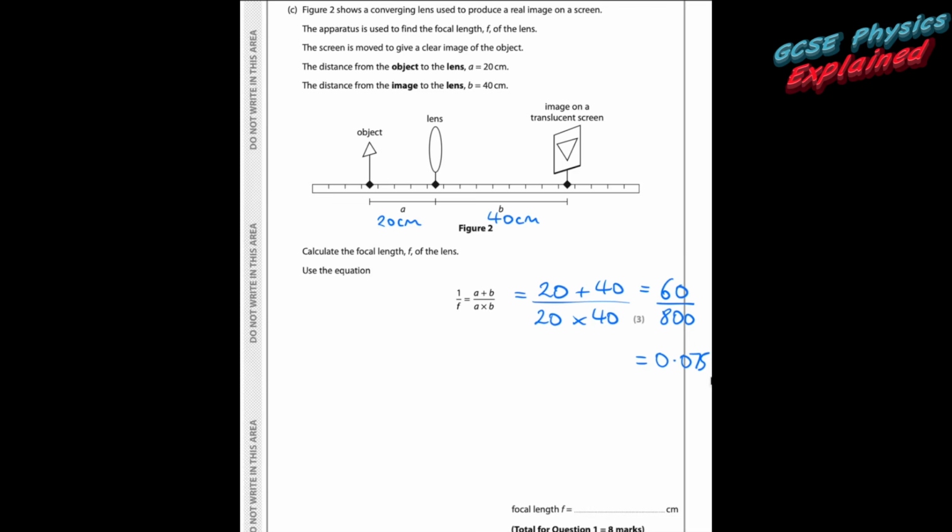But that doesn't equal f, that equals 1 over f. So therefore, if we rearrange that, f will equal 1 over 0.075, and that equals 13.3 recurring.